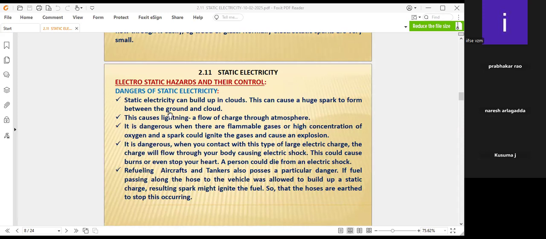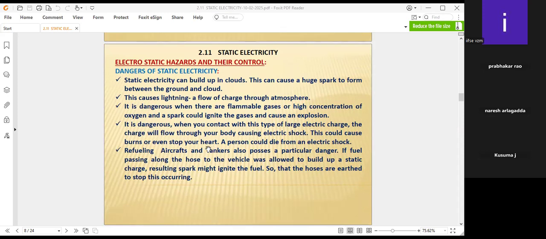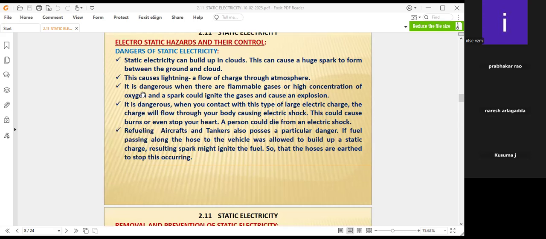Why is lightning visible? Because of the flow of charge through the atmosphere. Atmosphere means air. It is dangerous when there are flammable gases or a high concentration of oxygen, and a spark can ignite the gases and cause an explosion.